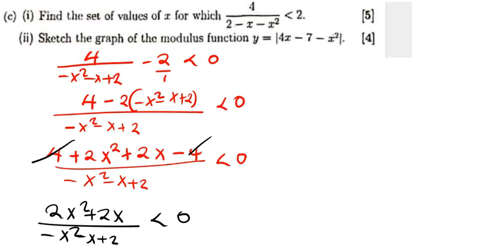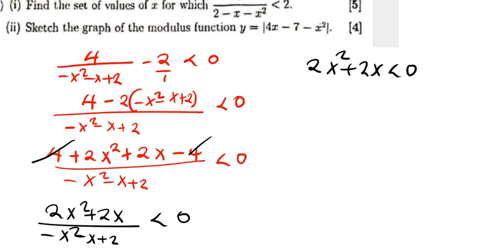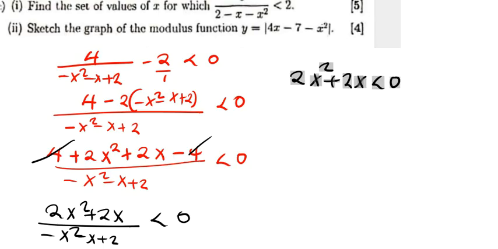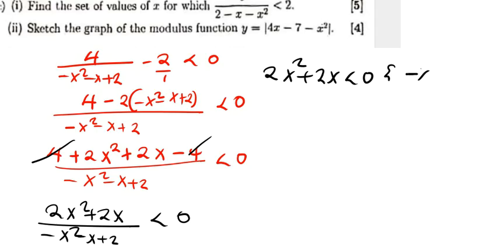Now get the top part only, which is 2x squared plus 2x less than 0, and also the down part, the denominator, negative x plus 2, should also be less than 0. Then I solve this for x, I also solve that for x.